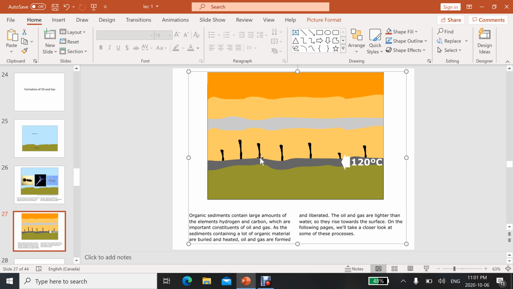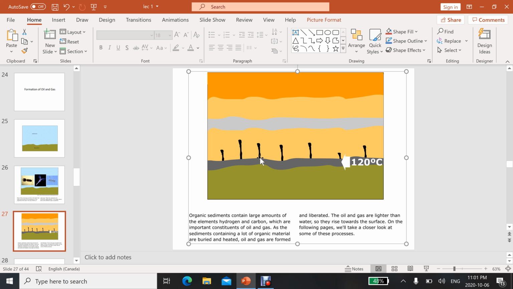Similarly, if the temperature range changes or rises, as you can see here, from more than 200, starting from 150 to 225, in this range mostly organic material produces gas.